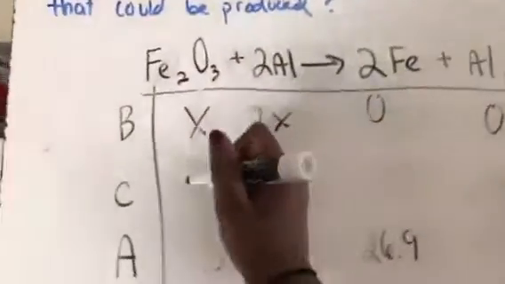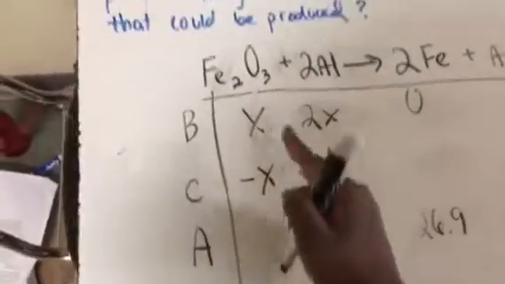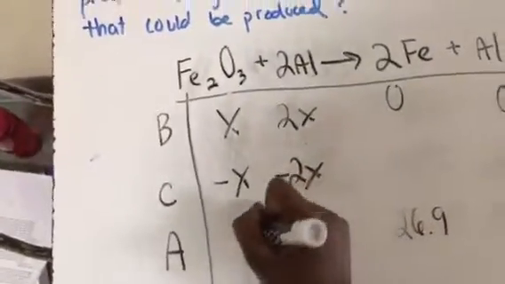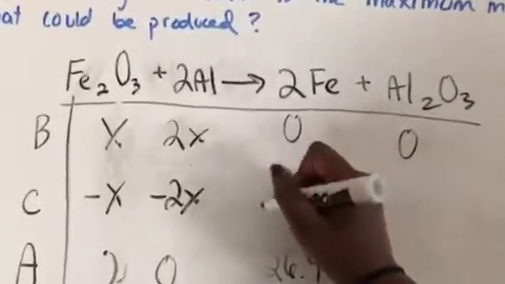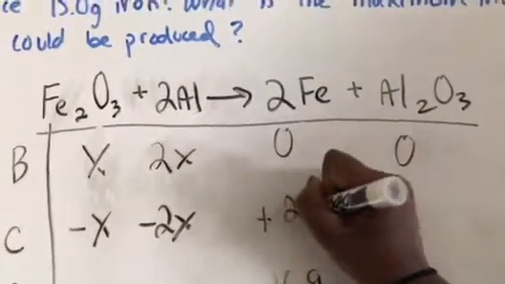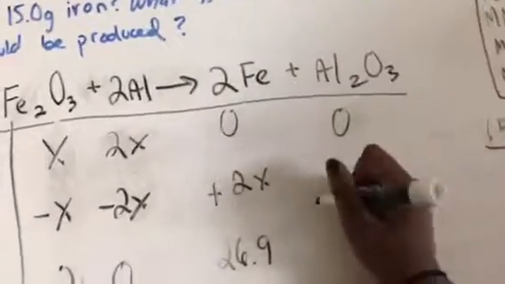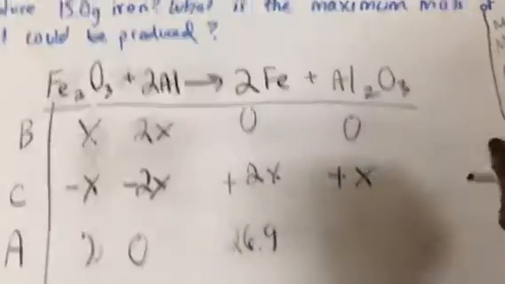We know that we have to subtract by those amounts since we're not given limiting or excess. So we have 0 here and 0 here. Now we have to add plus 2x, since our coefficient is 2, and then we have to add plus 1x, because our coefficient is 1.